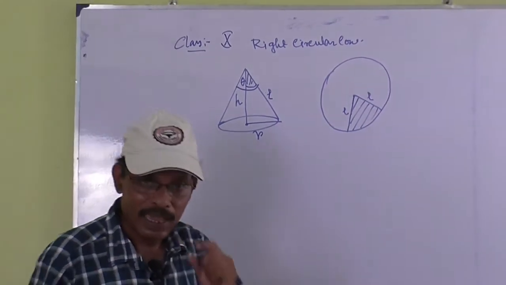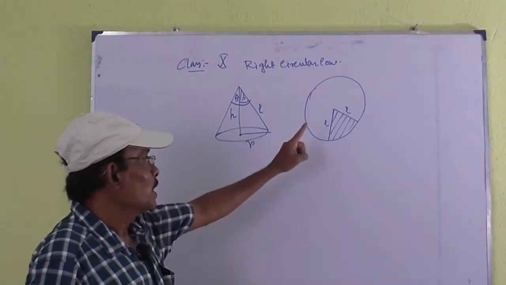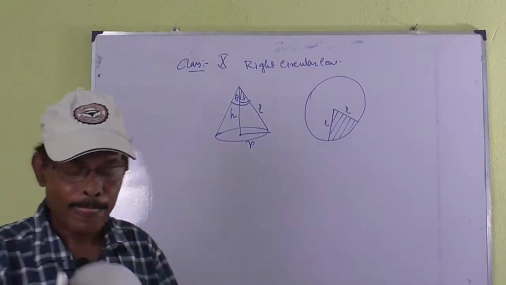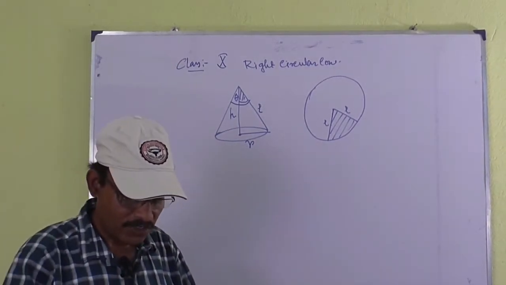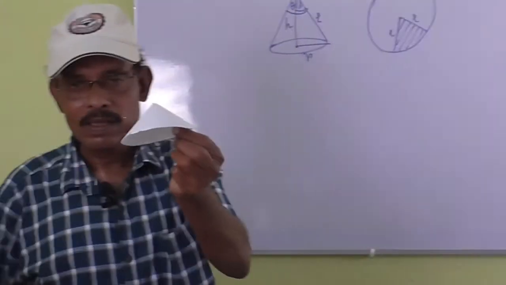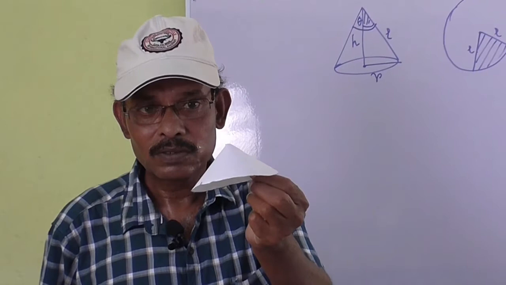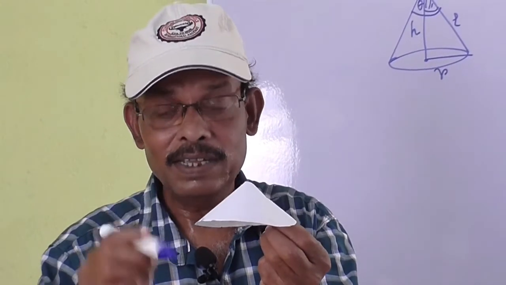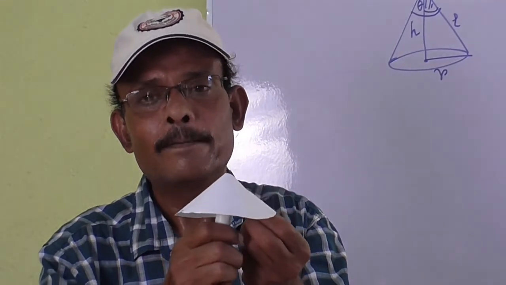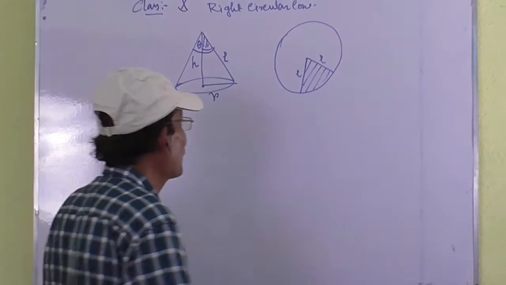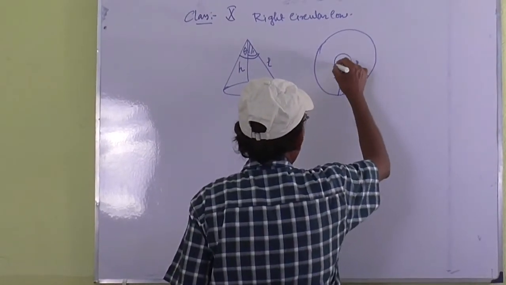We denote it L. If we fold it like this, it will form a circular cone. This is the base of the cone, this is the slant height and this is the vertical height. Now, let this angle be theta.